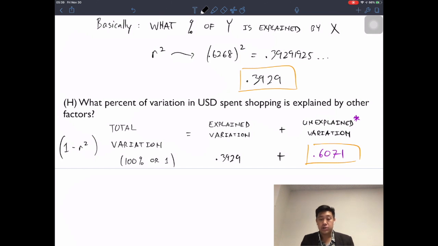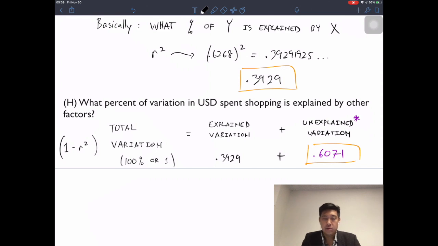And then if any other questions were being asked, for example, say there was a part A, B, C, D, E, F, G, H, I, right? Though I highly doubt it. But if it gave you an open-ended question, so for example, what other factors can explain USD spending, right? That's open-ended. That can be answered by a numerous amount of ways. You could say that there was a sale, there was no sale, people didn't feel like buying this particular weekend.